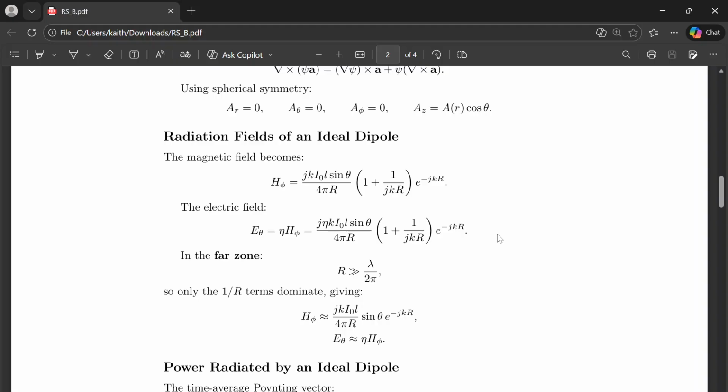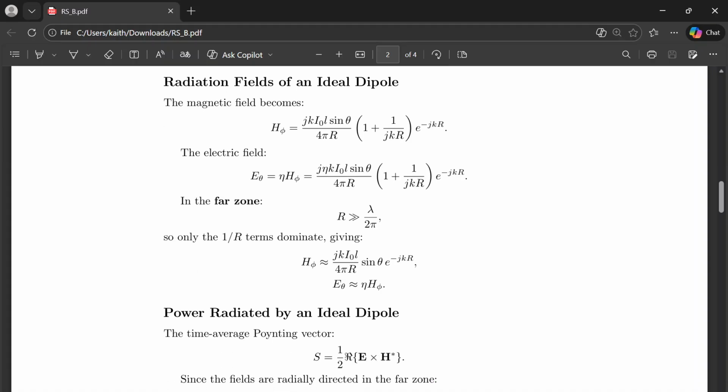For the near field it is greater than lambda by 2 pi and less than or equal to 2d square by lambda. For the far field, r is very much greater than 2d square by lambda, or sometimes people even refer to the condition where r is very much greater than lambda by 2 pi. If we impose this condition on these formulas, they get simplified to these results. So this is the electric field and the corresponding magnetic field.